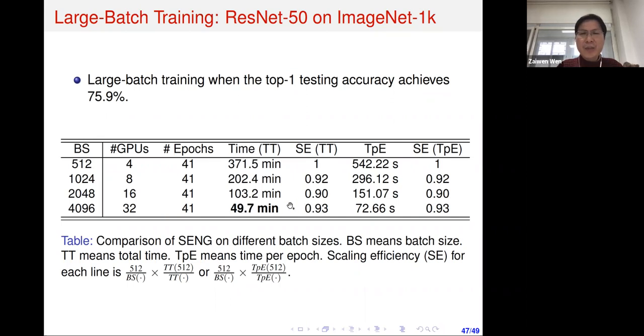If we compute the scaling efficiency, the formula is this: this is the ratio between the batch sizes, and this is the ratio between the computation times. So efficiency can be above 0.9. Of course, the efficiency is quite good.